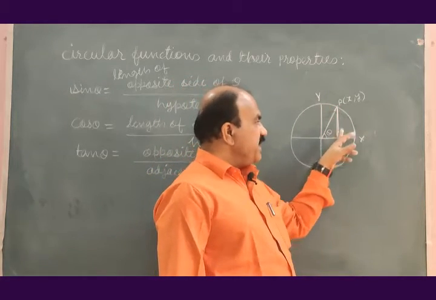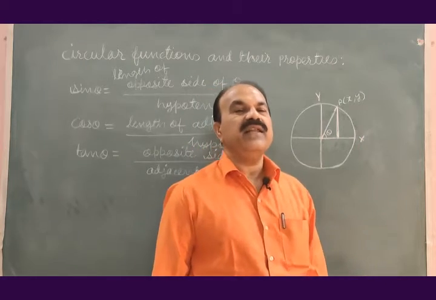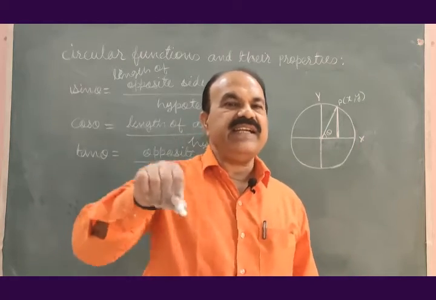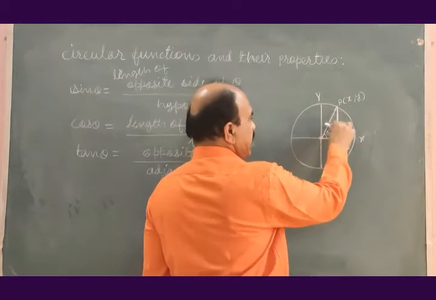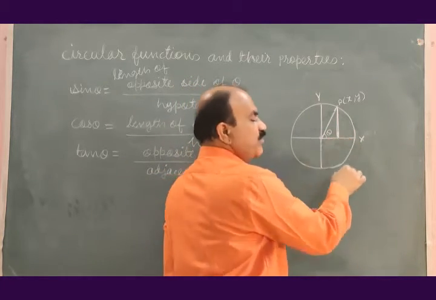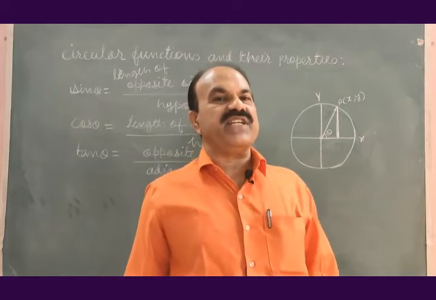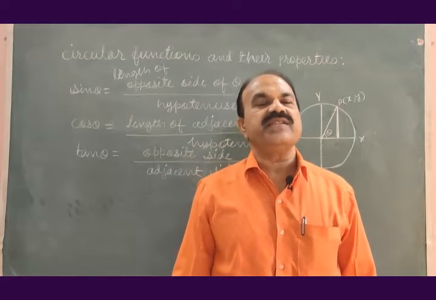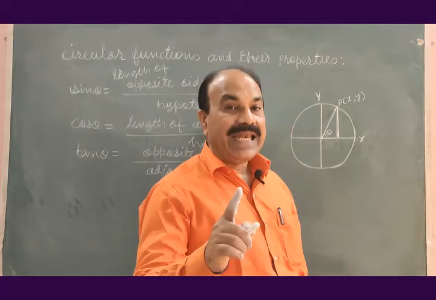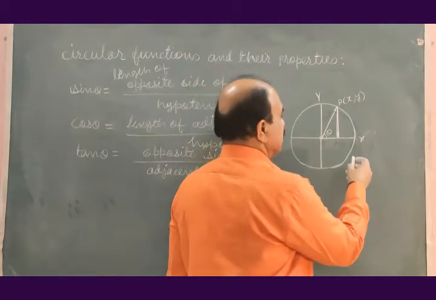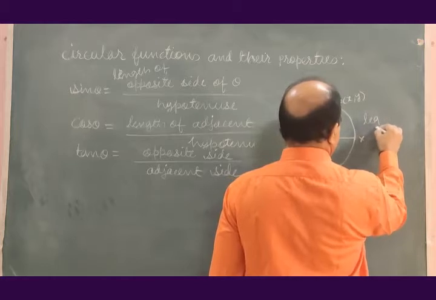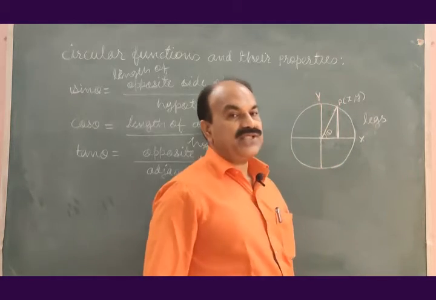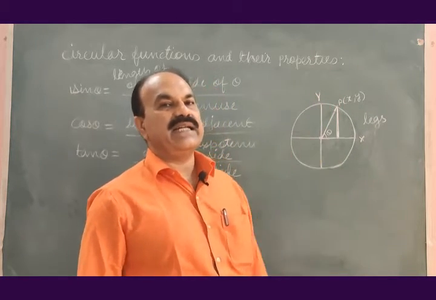The two sides of the right angle triangle forming 90 degrees with each other are known as the legs of the right angle triangle.